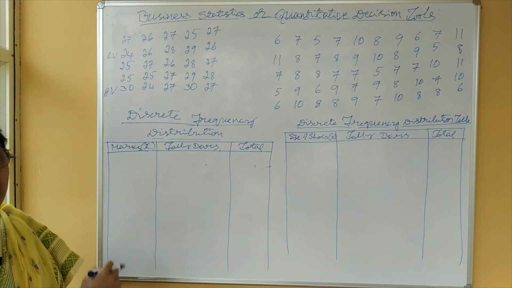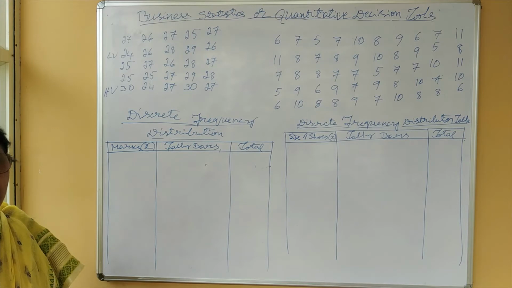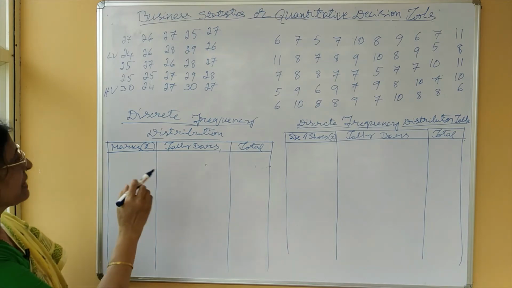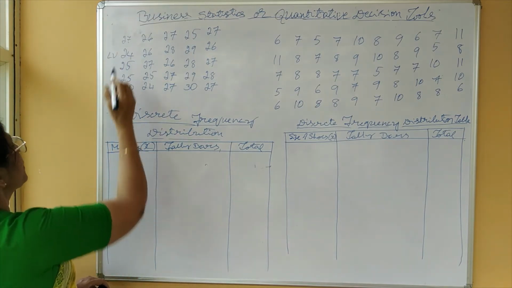Now, marks, I have told you, we have to take from the lowest value to the highest value. We have ascertained the lowest value is 24.